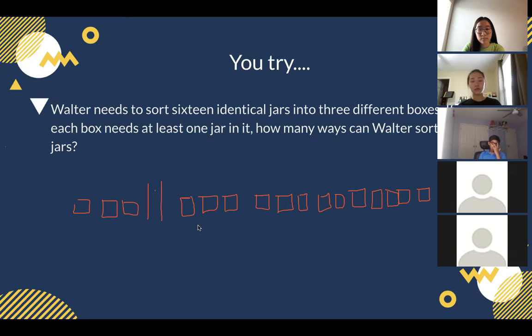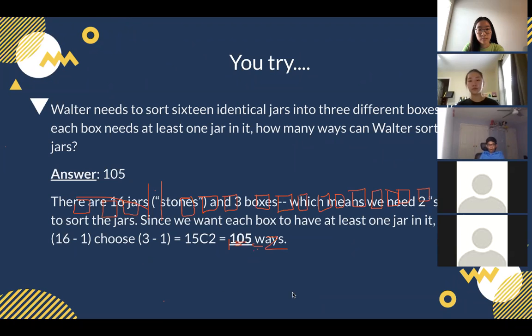And so then it just becomes 15 choose 2. 15 spots in between the boxes, and you choose 2 to put the sticks in. Right, so then it becomes 15 times 14 divided by 2, which is just 105.